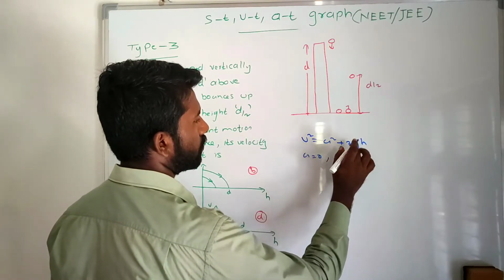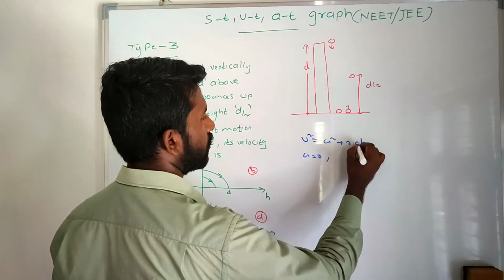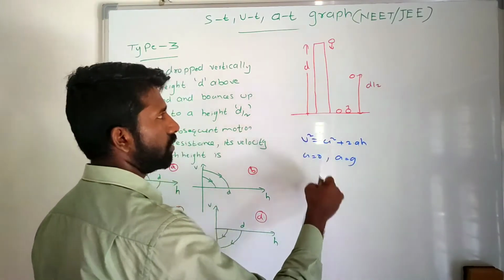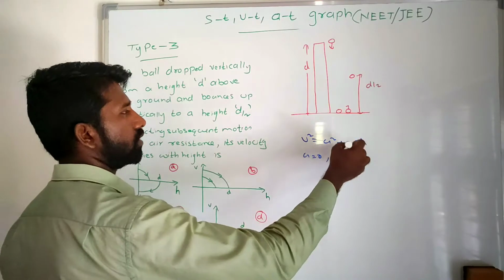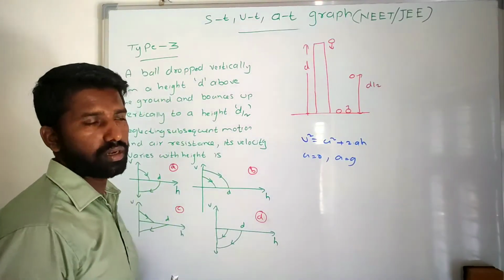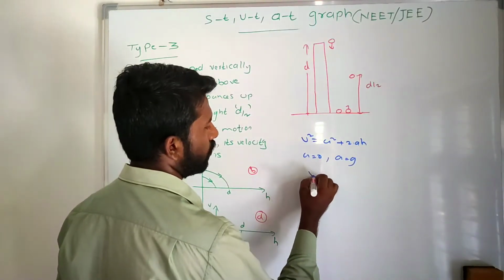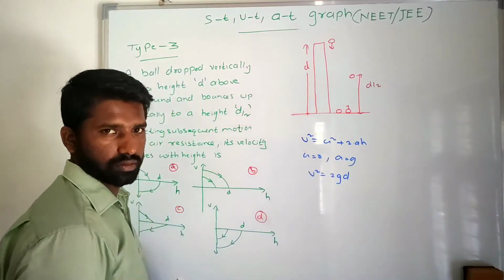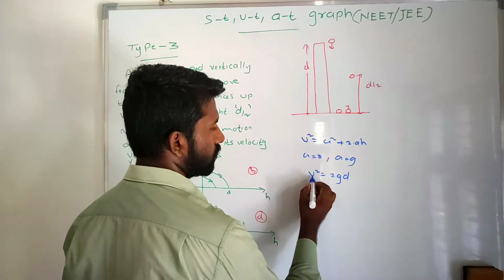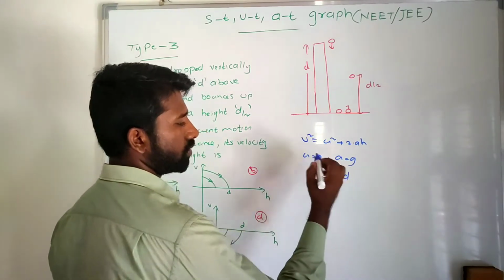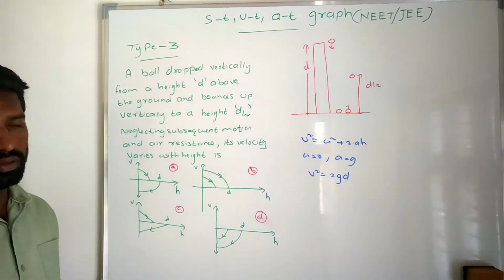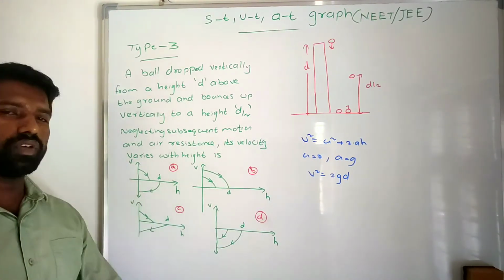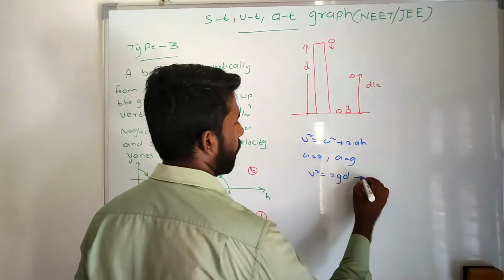It is 0, and here we take a equal to g, acting downwards, and h is the distance, also measured in the downward direction. So v square is equal to 2gh. This is the velocity and this is the height, so the velocity versus height graph is a parabola.